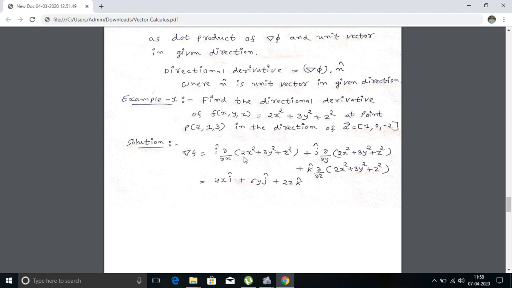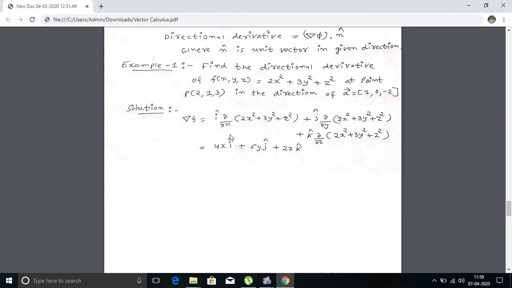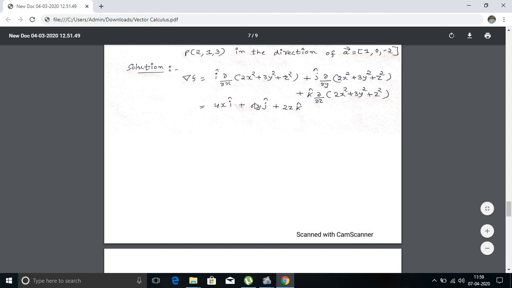Partial differentiation of this function with respect to x will be 4x, with respect to y will be 6y, and with respect to z will be 2z. So the final answer is 4xi plus 6yj plus 2zk. Now we have to find this at the point (2, 1, 3), so replace x by 2, y by 1 and z by 3.